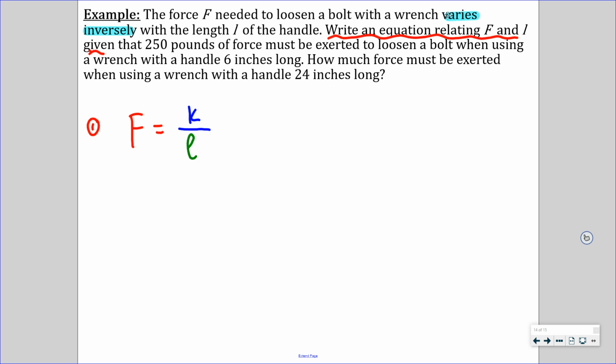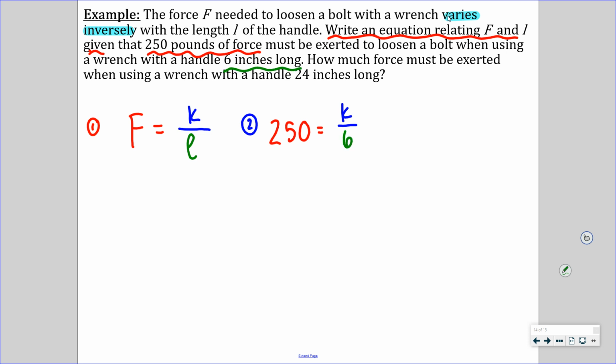Does that make sense? All right, now, they're giving us data in the second part of this sentence that I started to underline. They're giving us data so that we can figure out a specific equation. So our second step here would be to solve for K. I know that I need 250 pounds of force to loosen a bolt when the handle is 6 inches long.